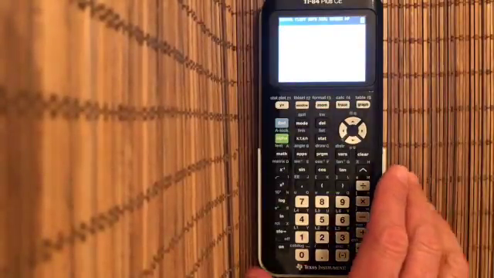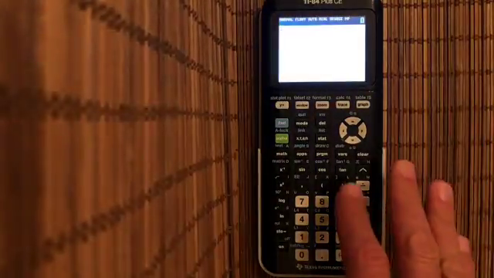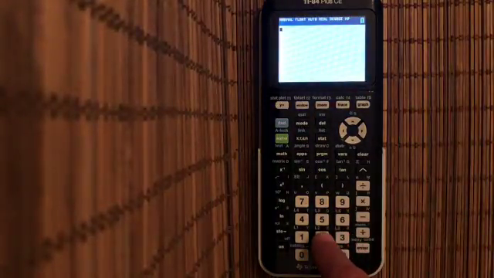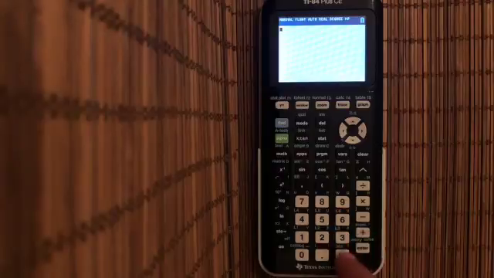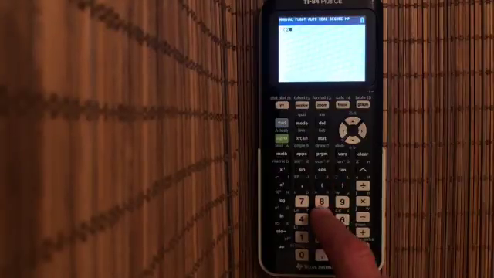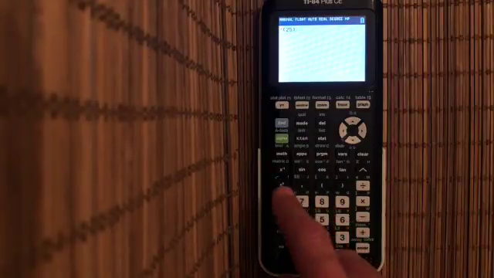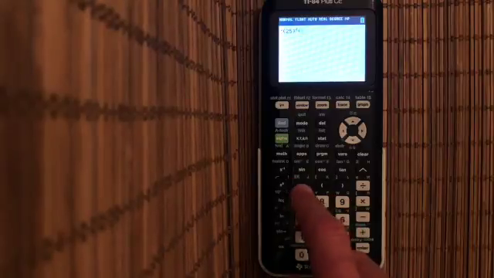Something else that's going to be important for you to know is, say you enter a complicated expression that you were asked to solve, like this one.